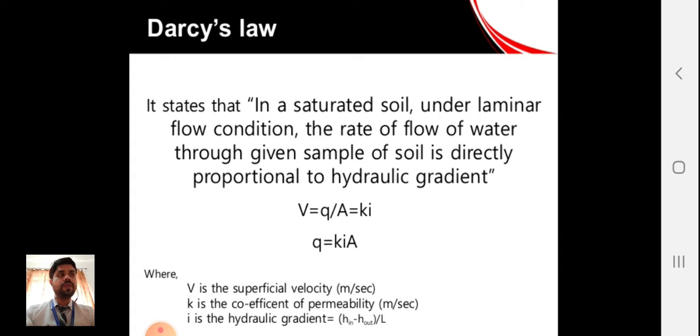So, if we state it, V is equal to Q upon A, which is equal to K i, and Q is equal to K i A, where V is the superficial velocity, in the unit of meter per second. K is the coefficient of permeability, which is also in meter per second, and i is the hydraulic gradient, which is equal to H in minus H out upon L.